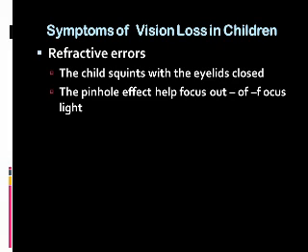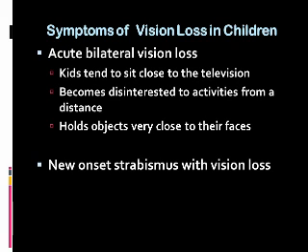The child squints with the eyelids closed, and they improve with the pinhole effect, which helps them focus the out-of-focus light in the eyes. Acute bilateral vision loss presents in kids who tend to sit close to the television.